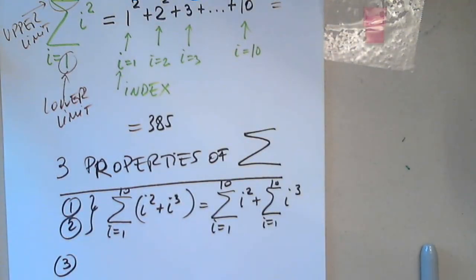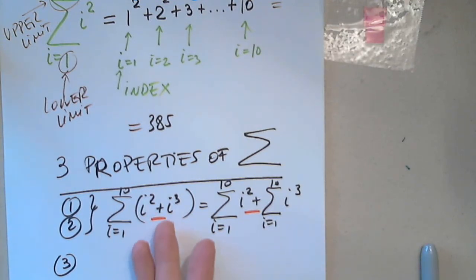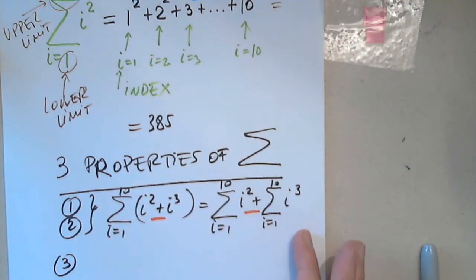The second one works, of course, with negative. So if we add terms and we have a summation notation outside, we can create as many terms as we want with the summation in front. If it's addition or subtraction, it doesn't make any difference.